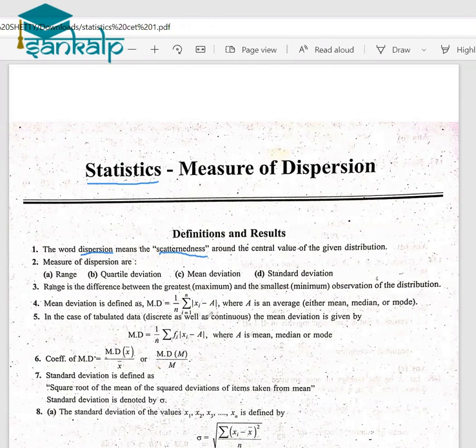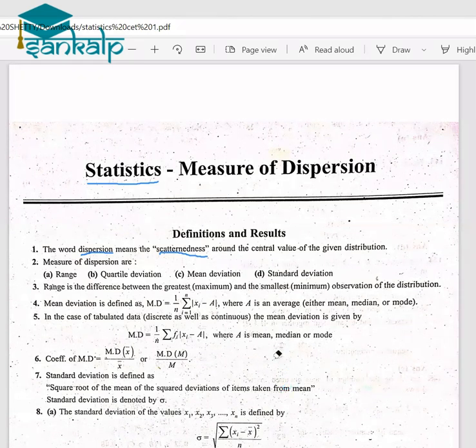You need to know that data is of two types: one is grouped data and another one is ungrouped data.